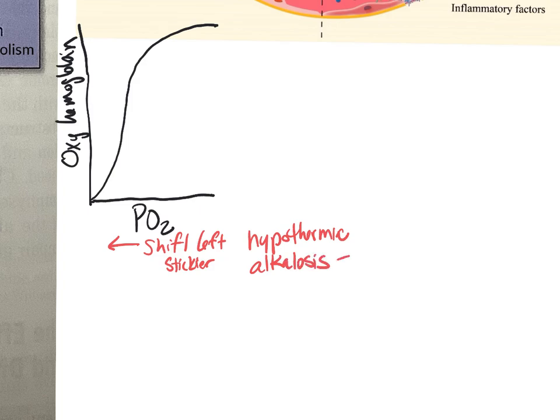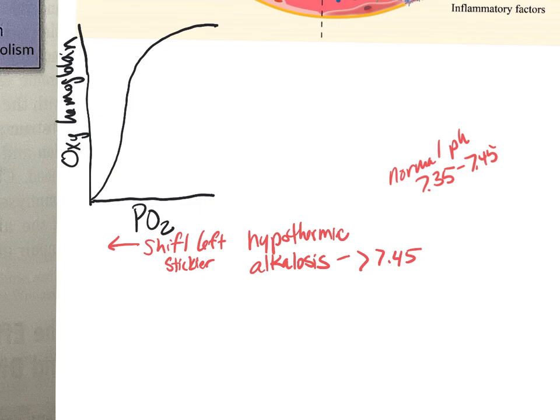What's alkalosis? Basic. What's normal pH? 7.35 to 7.45. So alkalosis would be greater than 7.45.